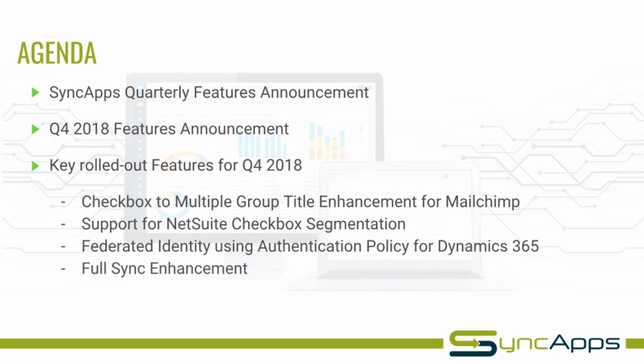Next, I'll also be talking more on enhancement in our full sync add-on or full sync feature. And lastly, I'll be talking to you about our brand new feature, which is unlimited team member plans for your integration.